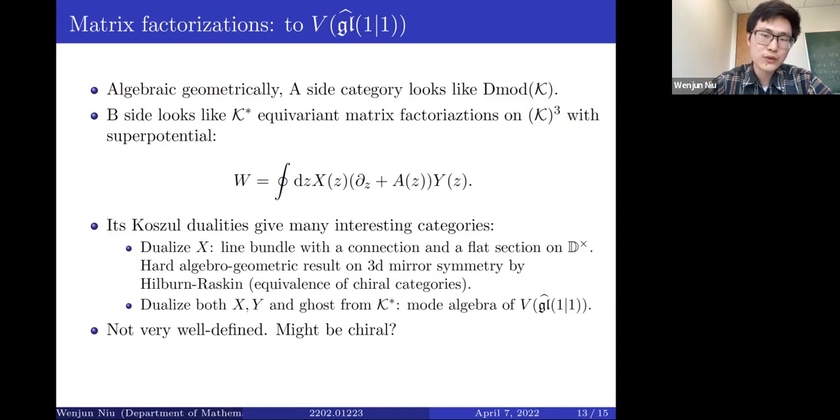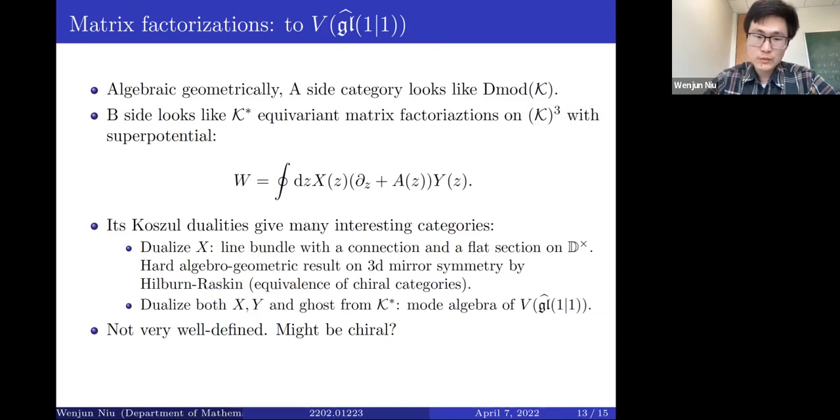If the group is smooth, then it's easy to define it, but K star is also not smooth, so it's very hard. And it might be chiral, and hopefully these are equivalents of chiral categories.